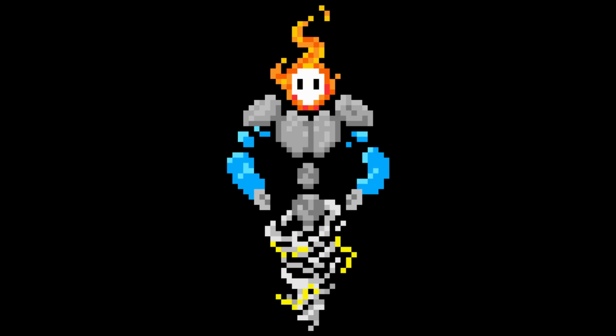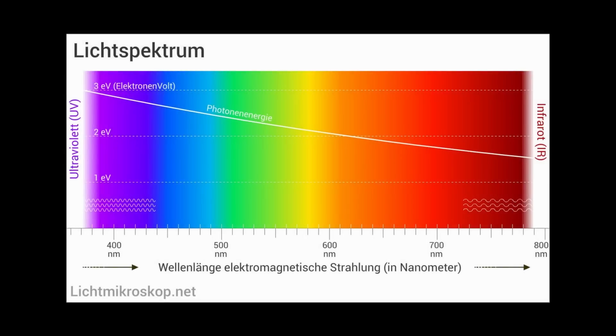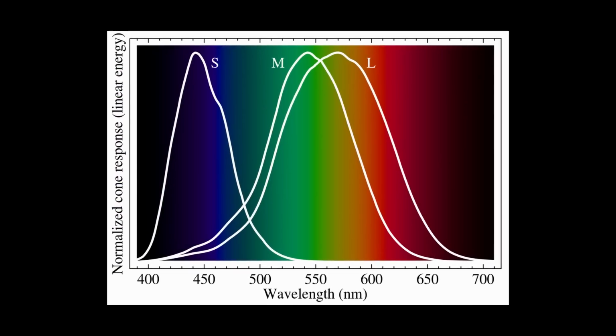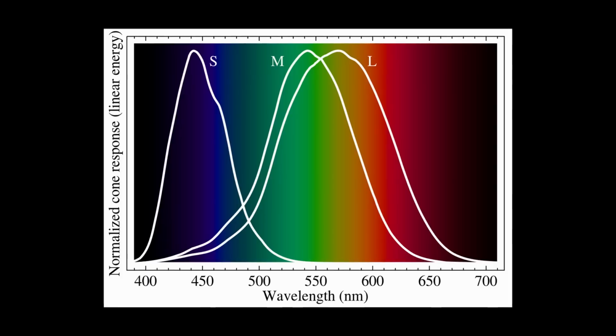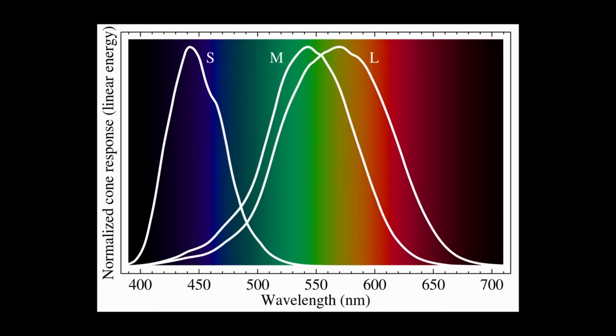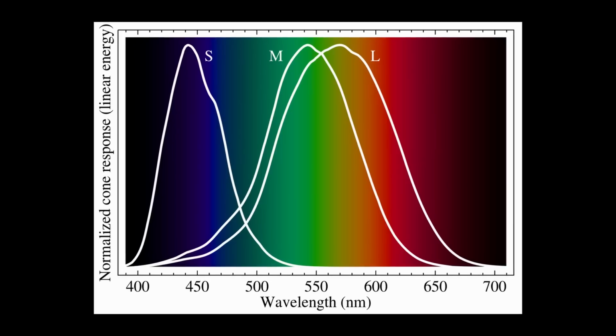It's important to note also the placement of our cones on the color spectrum. Blue, or short cones, are responsive to light in the 450 nanometer range, while green and red light, or mid and long cones, are much closer together at 540 and 570 nanometers.